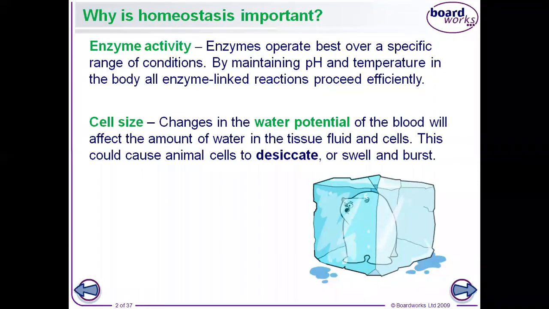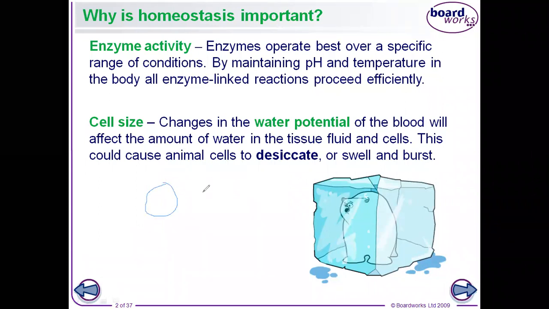For example, let's suppose I have this cell and the water potential outside increases, meaning the outside water level increases. Then what will happen? Water will move from out to in and the cell may burst. You got my point? So the cell may burst.